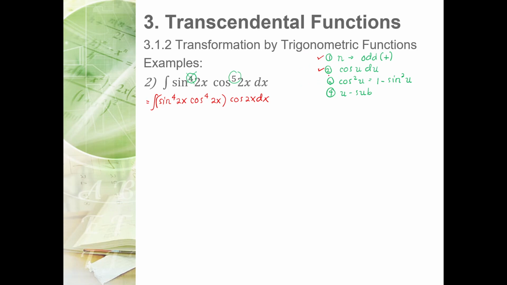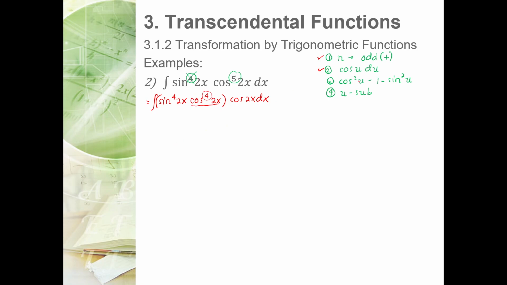So in the third step we replace your cosine squared u with 1 minus sine squared u. Looking at your cosine function, that's to the power of 4, so we need to do this twice.